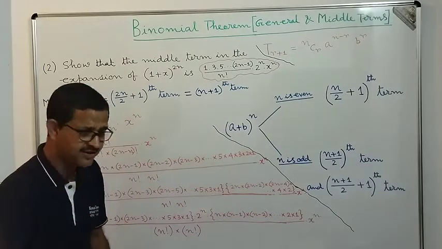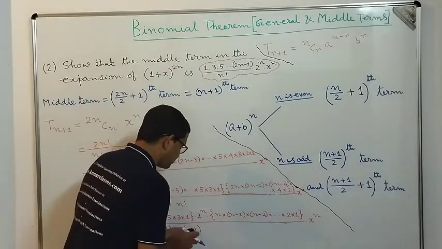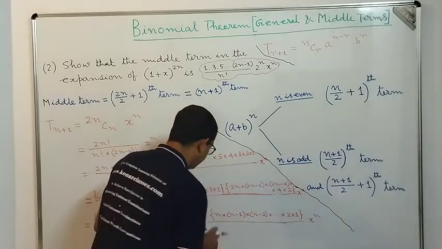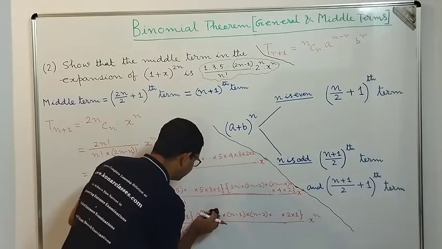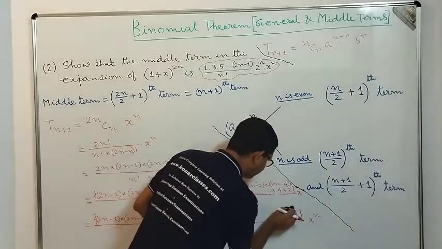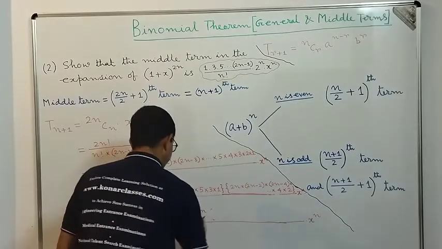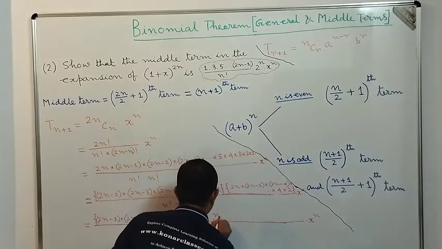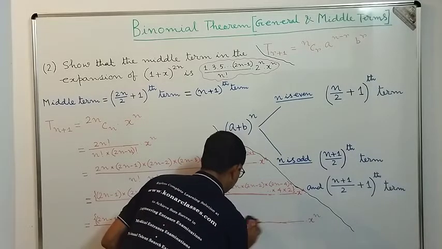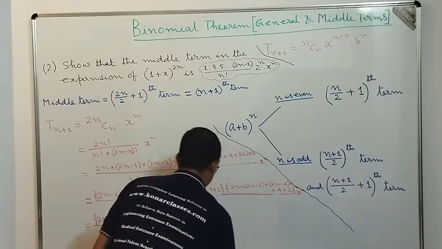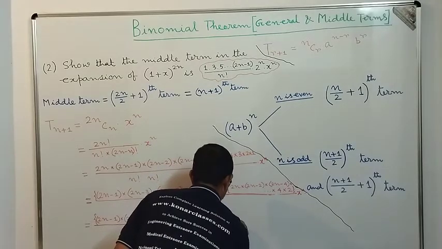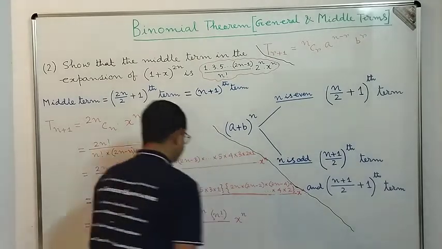It is nothing but n factorial. So what we can write, as we do not have much space here on the board, is that instead of the entire thing I can just write n factorial, correct? We can write n factorial, and let me not write x to the power n there, let me write it here, x to the power n, correct?